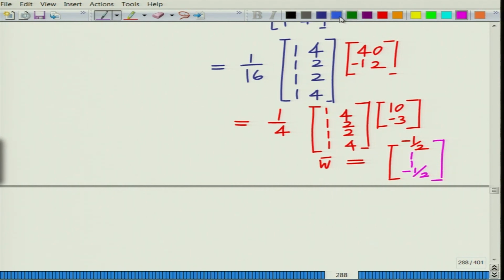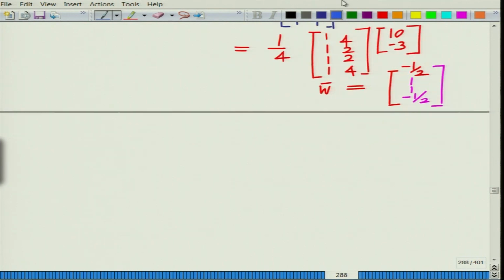So, the optimal beamformer W bar for this system that maximizes the SINR is essentially minus half, 1, 1, minus half.